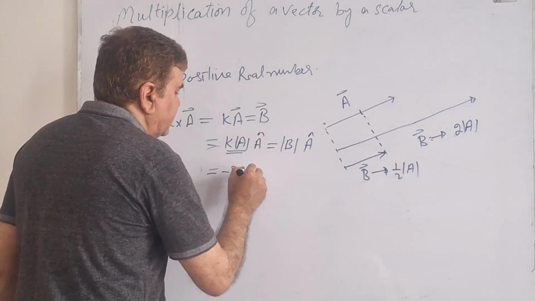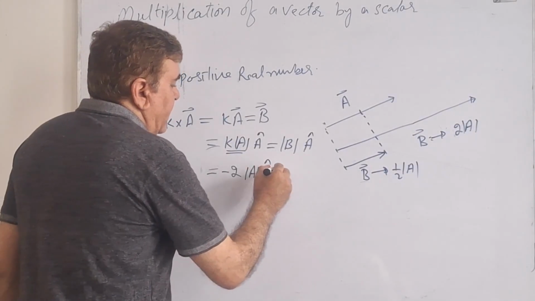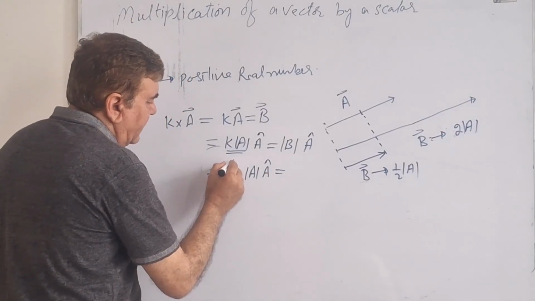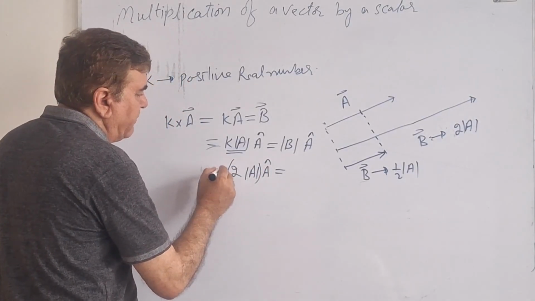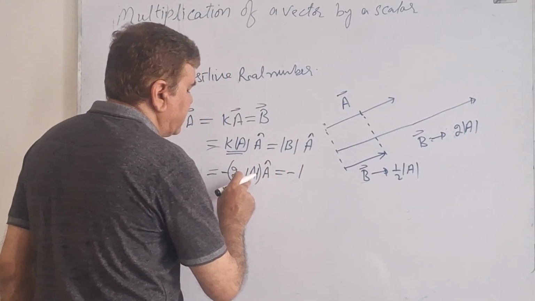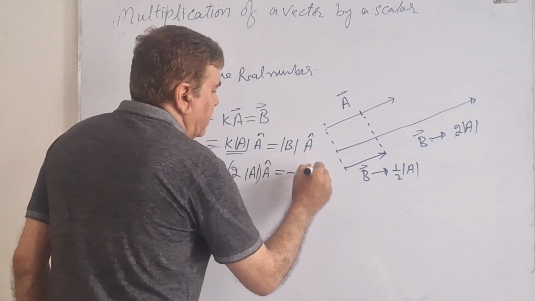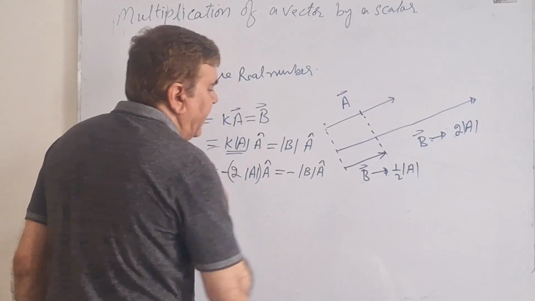Then I write this as minus 2 times |A| into unit vector A. This is again the magnitude, but the minus I keep separately. I call 2 times the magnitude of A as the magnitude of the resultant vector B, and the unit vector is at its own place.